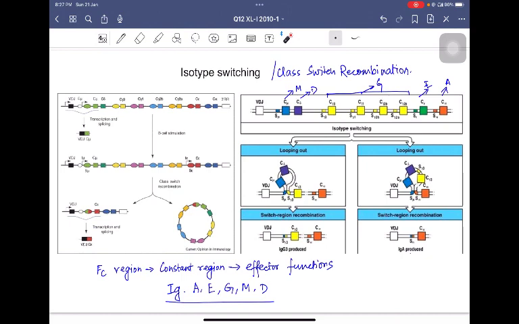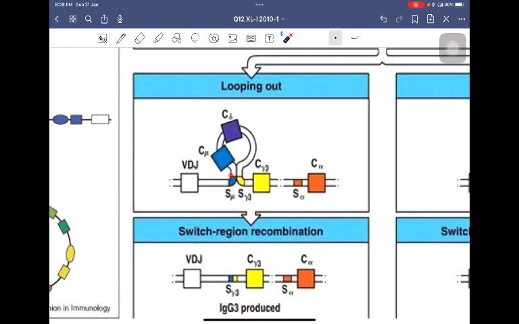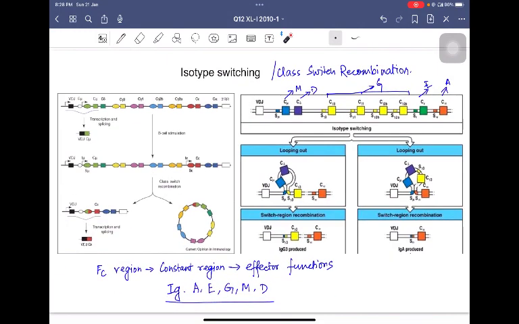These small ones here, this blue one and this yellow one, are the small switch regions where the recombination takes place, and the DNA in between them is looped out and excised. Here you can see that C gamma 3 is retained in this antibody. Therefore, because of this switch region recombination, you can produce Ig gamma 3 or IgG3, right?